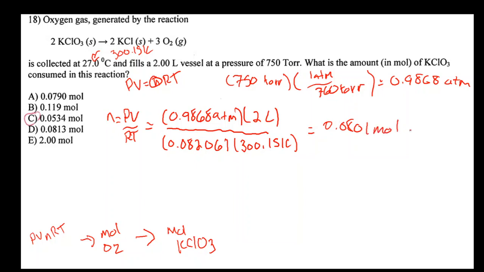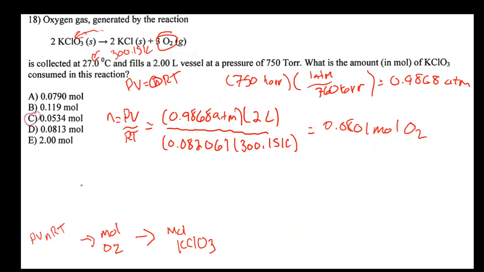So this is in moles of O2 because that's the gas. It's wanting the amount in moles of KClO3 that was consumed. So now that we have moles of O2, we can use our reaction to go to moles of KClO3.